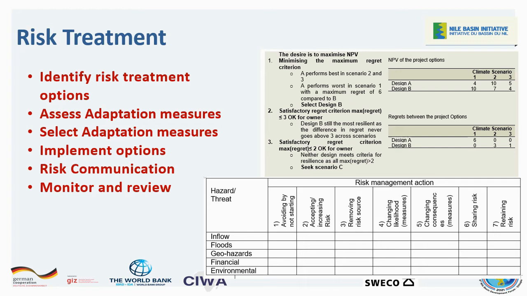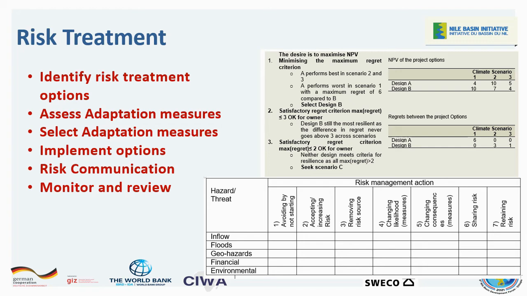And that's where the risk communication comes in, that a lot of times it may not be possible to actually have a physical solution, and then it might be necessary to actually just communicate the risk and monitor and review as the project goes on. So to summarize, there's a number of treatments in this particular case.